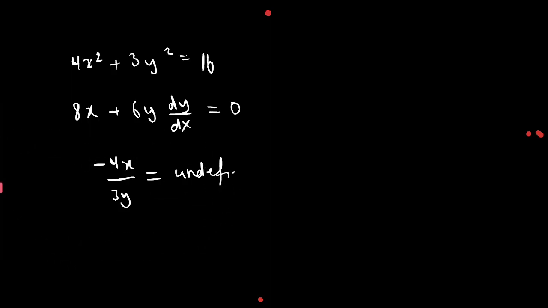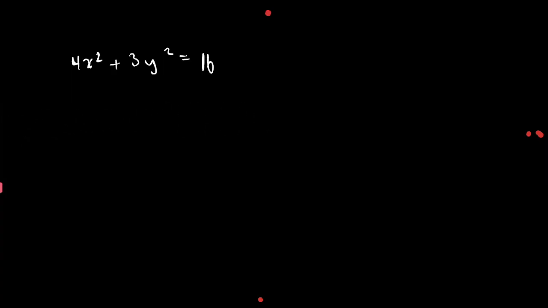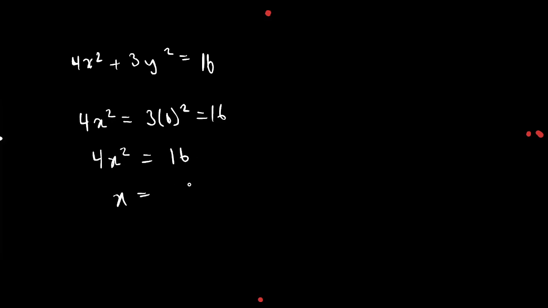But we're trying to find a vertical tangent line. A vertical tangent line is in the form x equals something, right? So if we want to do that, we have to figure out the x value. This is the exact same approach that we used earlier. So in this case, we get 4x squared plus 3 times 0 squared is equal to 16. 4x squared is equal to 16. x squared is equal to 16 divided by 4, which is 4.